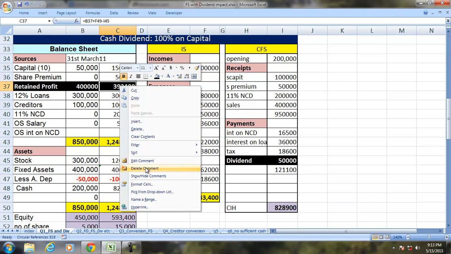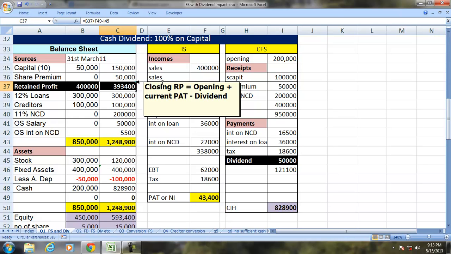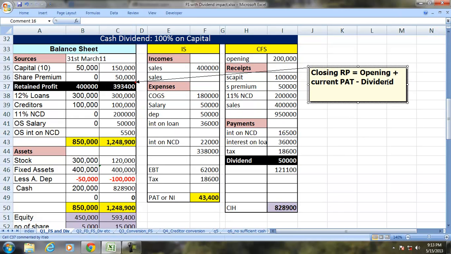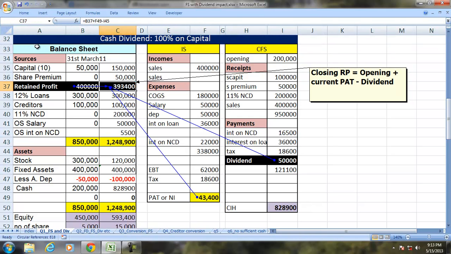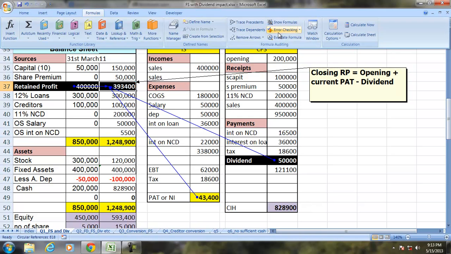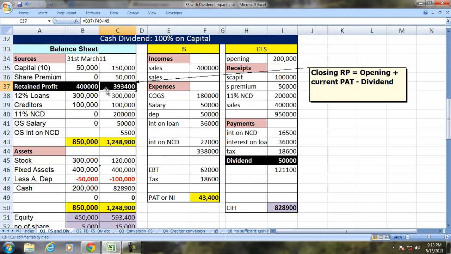So the retained profit will change because the closing retained profit is equal to opening plus the current PAT minus the dividend. So the closing retained profit reduced and the cash flow to the extent reduced.